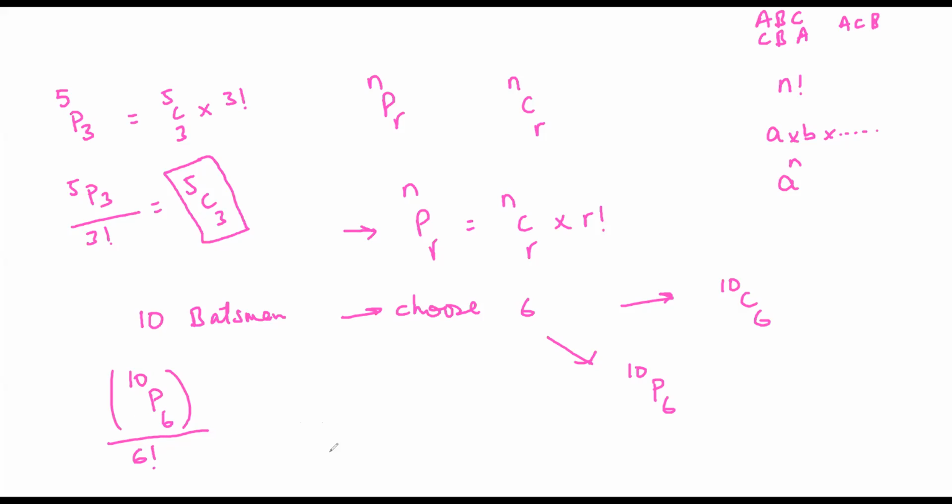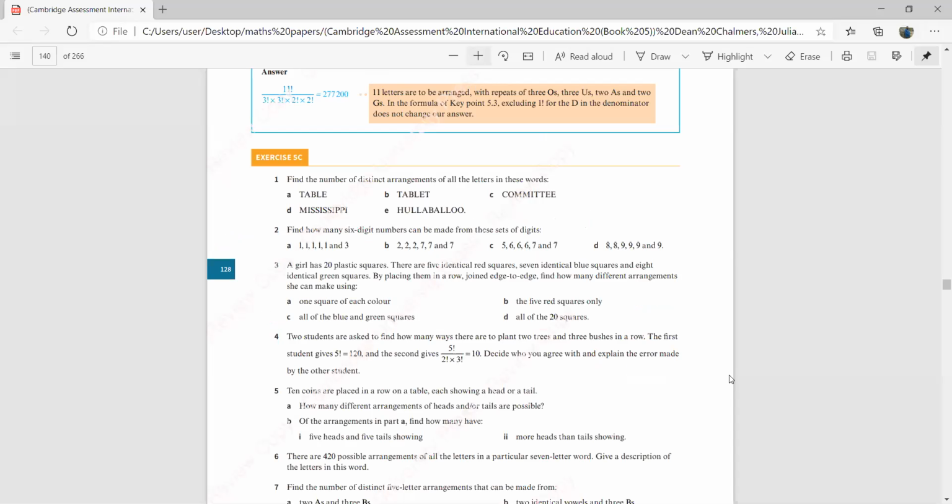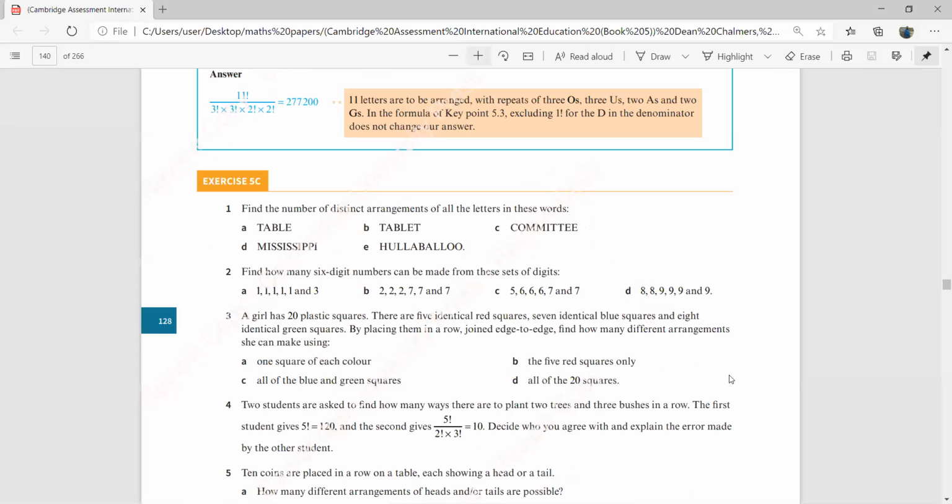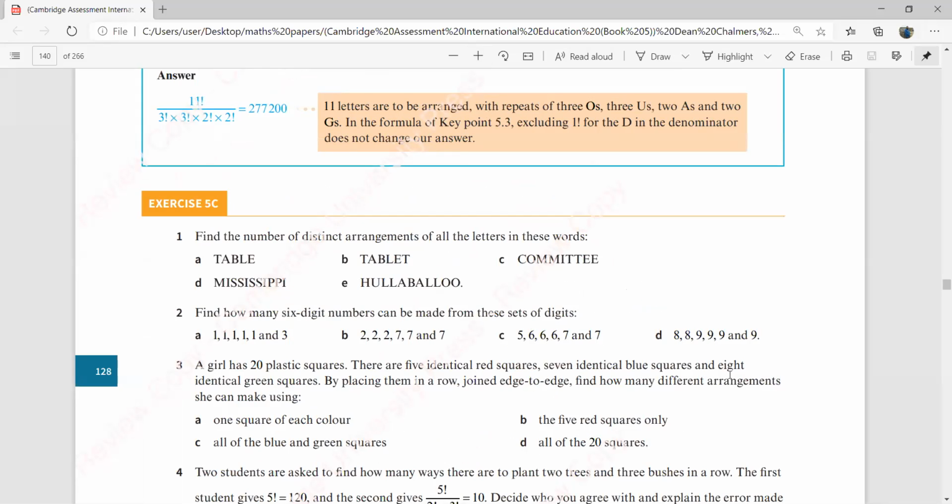Now, having said this, let me take you to the book, and we'll start with the questions. Look at this. It says find the number of distinct arrangements of all the letters in these words. This is table. There are 5 letters in it.